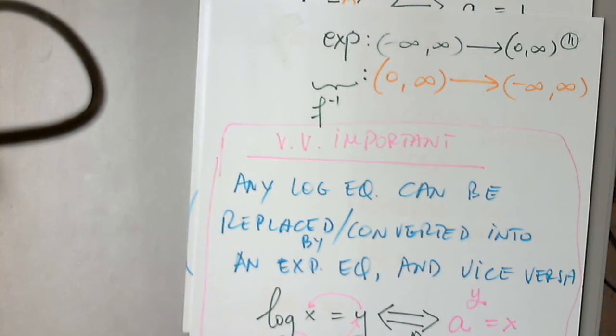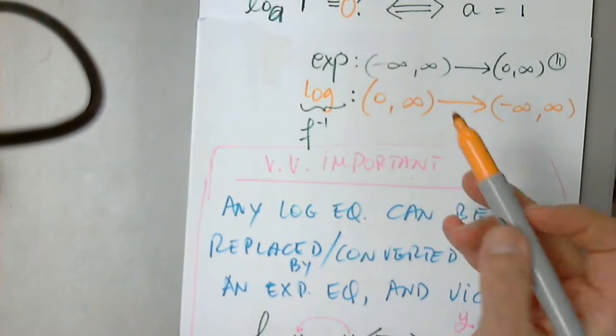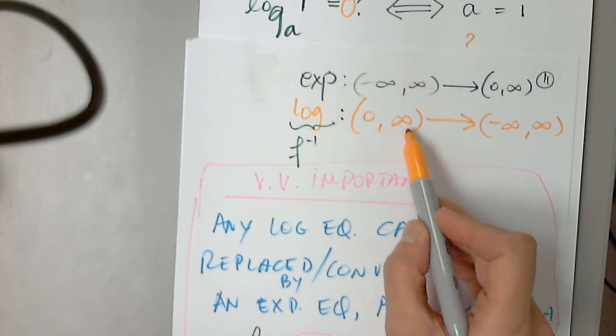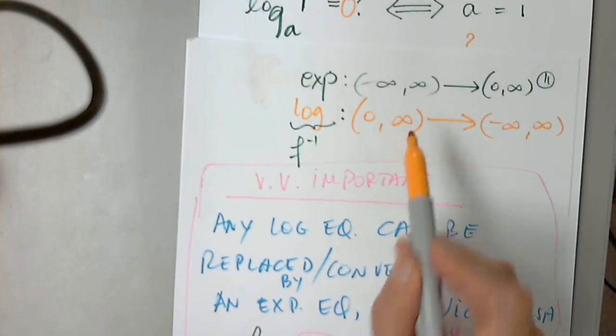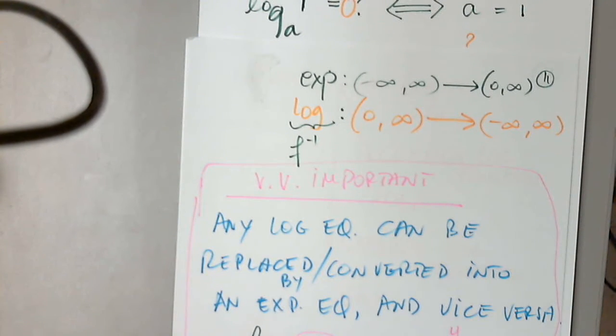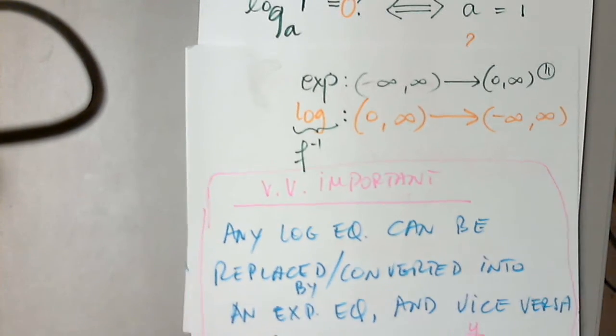I cannot apply log to any number other than 0 to infinity. So log is not a friendly function. If the quantity I apply log to is not strictly greater than 0, we cannot apply log to it.